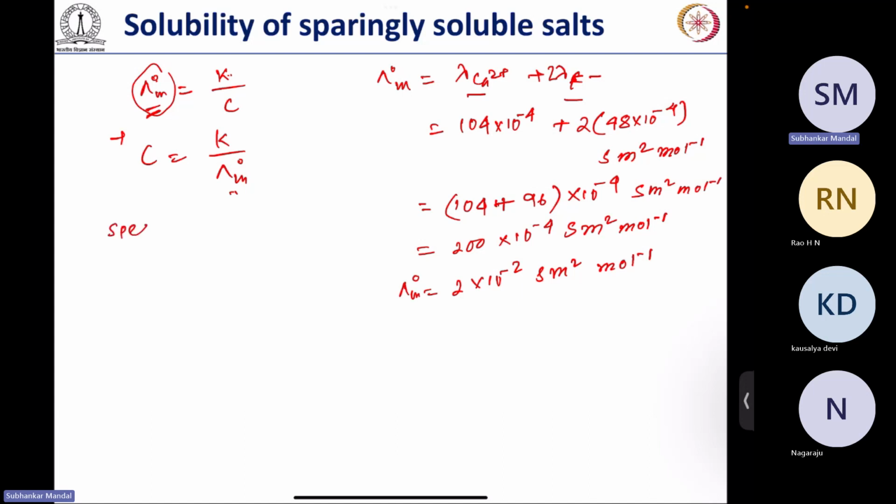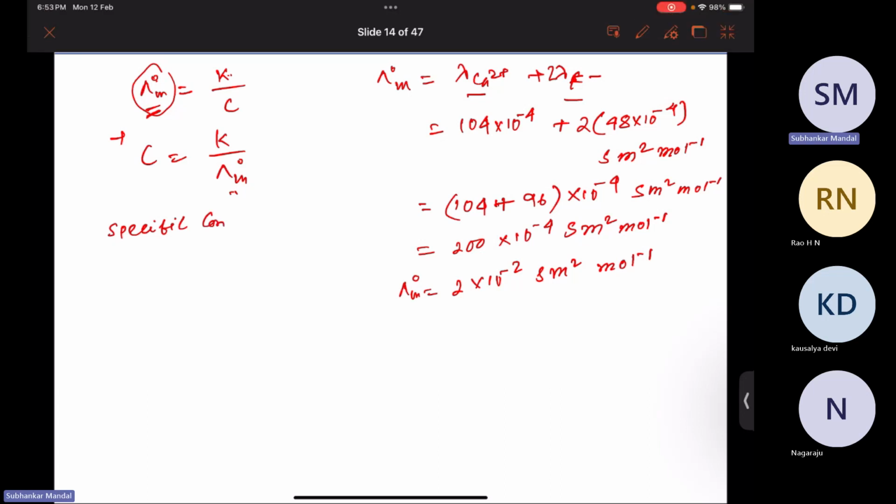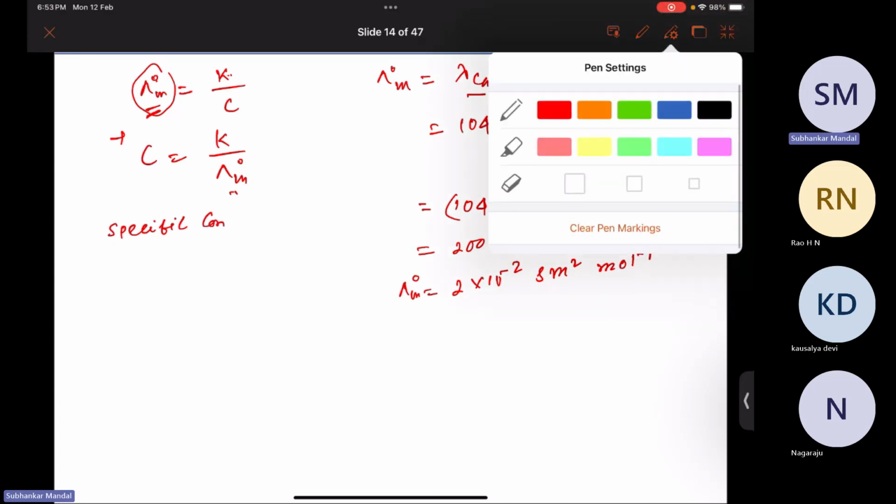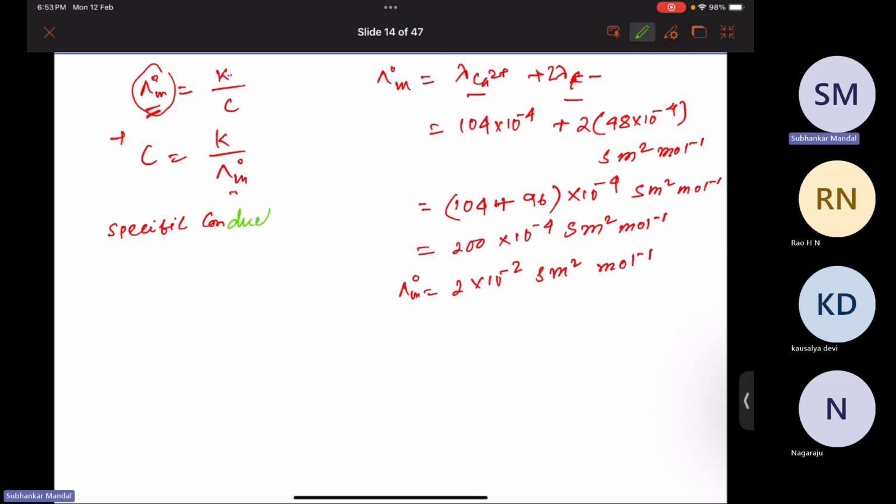You can write the specific conductance of calcium fluoride will be K of solution minus K of water, because the specific conductance of the solution is given, and the specific conductance of water is also given.